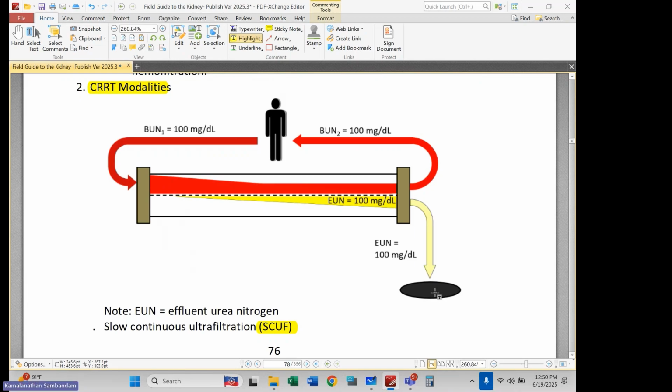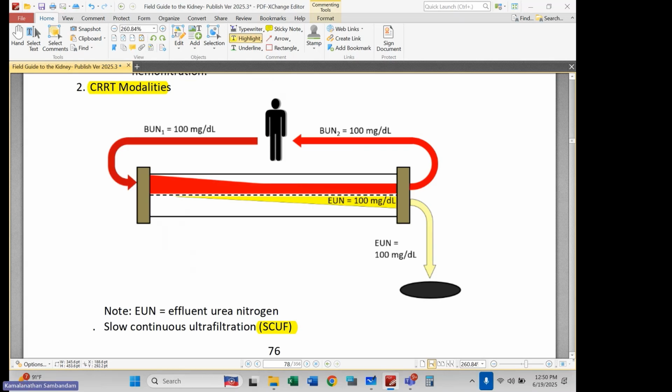That's dumped down the drain, so of course I am clearing urea, but the urea concentration does not change because I'm removing urea, yes, but I'm removing water at a proportional rate. And so the blood concentration of urea does not decrease before returning to the patient.